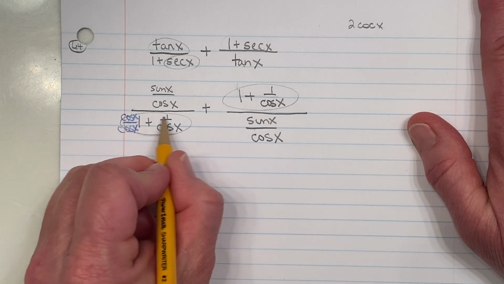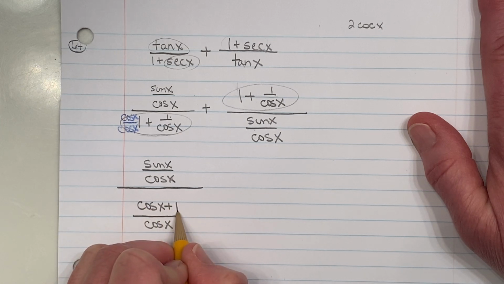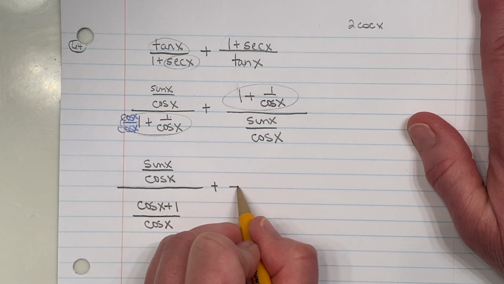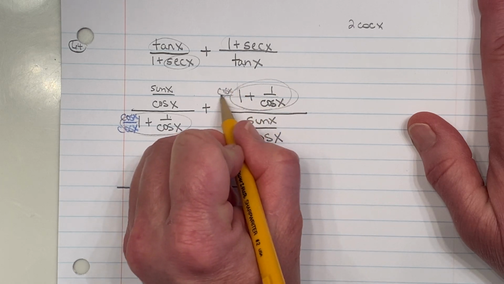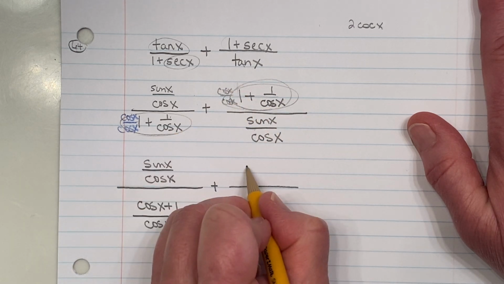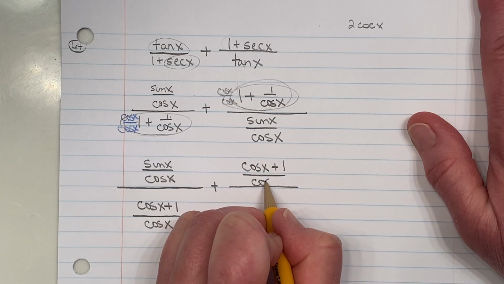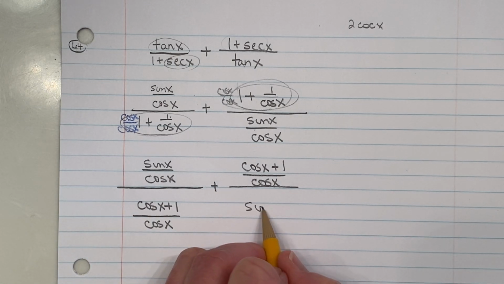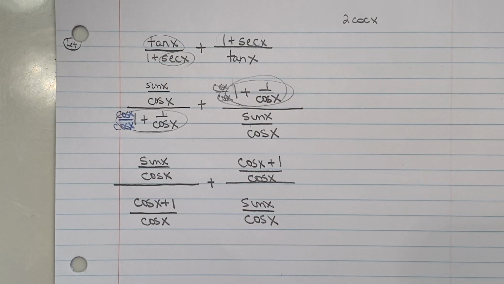And in the numerator, I'm going to have cosine x plus 1. Same thing over here. If I multiply by cosine x over cosine x, I'm going to get cosine x plus 1 over cosine x. And then I'm still going to have sine x over cosine x here. Yeah, I'm starting to regret this strategy.